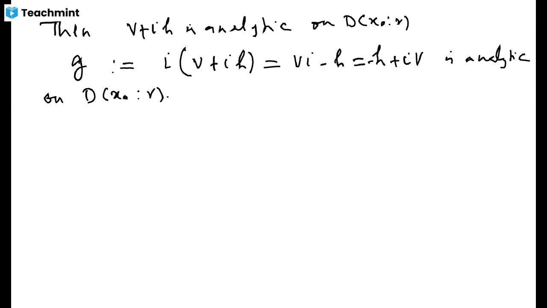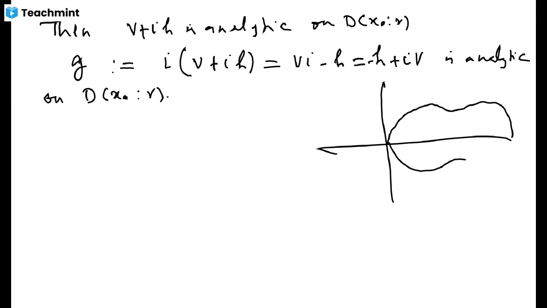So we have, I have to redraw things again and again, we have a disk. Now on this part of the disk, which lies in D plus, F is there. F is analytic on this part.